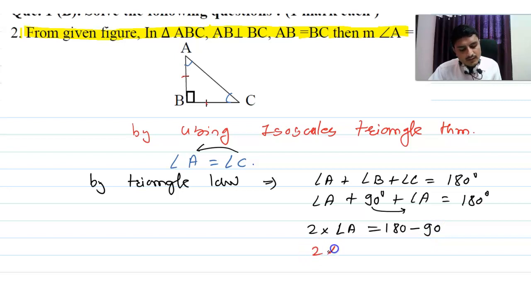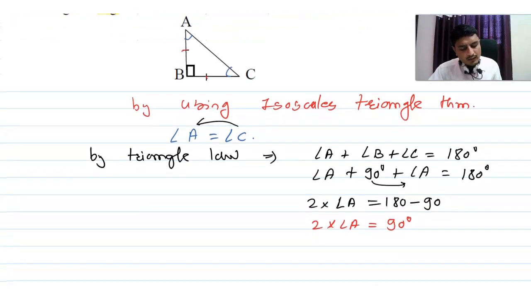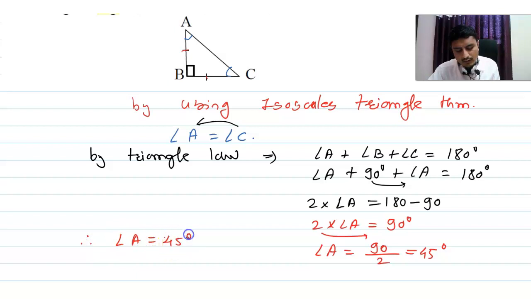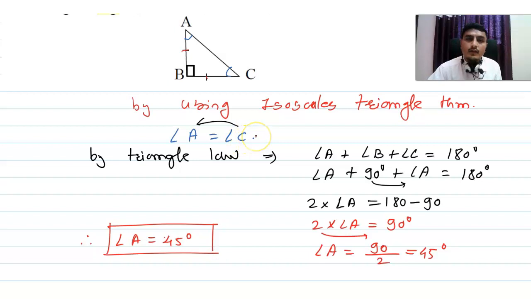So 2 times angle A equals 90 degree. Shifting the 2 to RHS, 90 divided by 2 gives 45 degree. So the measure of angle A equals 45 degree, and the measure of angle C is also 45 degree.